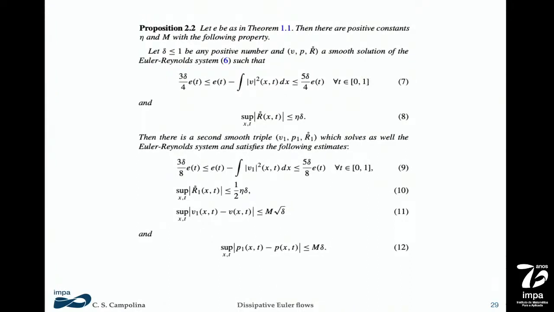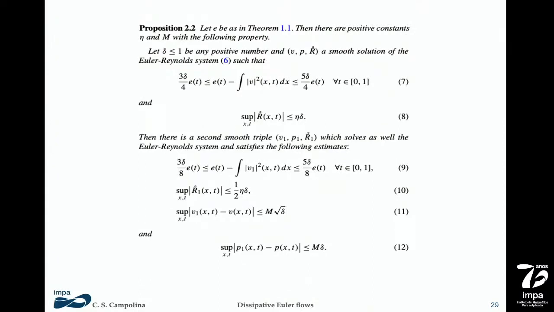If we have this proposition proved, then we may construct our sequence of solutions, right? Because we start with the solution identically 0, which satisfies this trivially, and then we can obtain another triple which satisfies the same condition but with delta over 2, which is our first element of the sequence, v1, p1, r1.